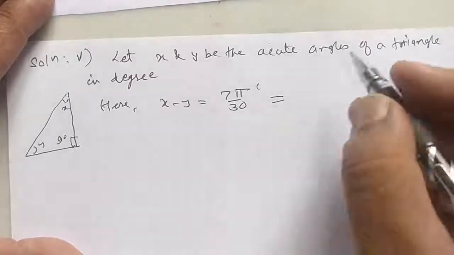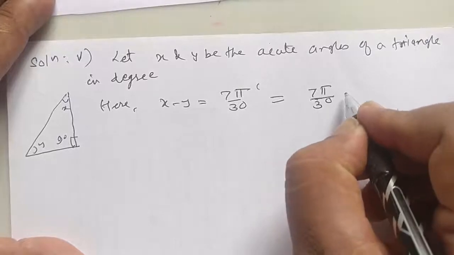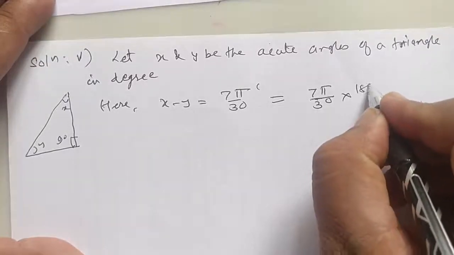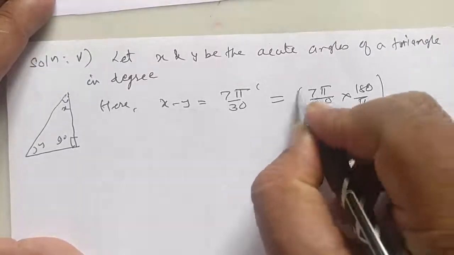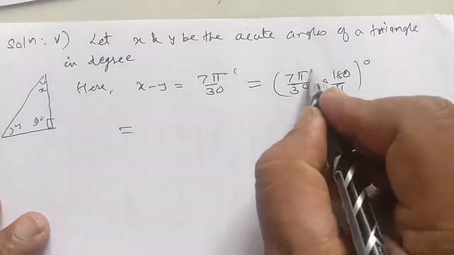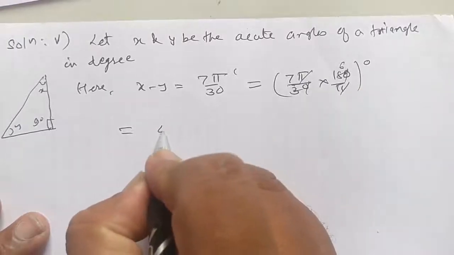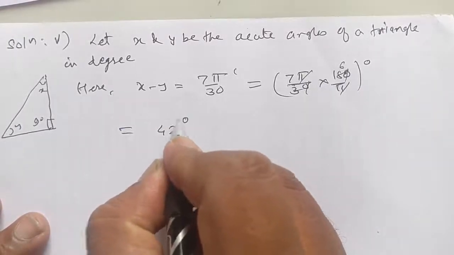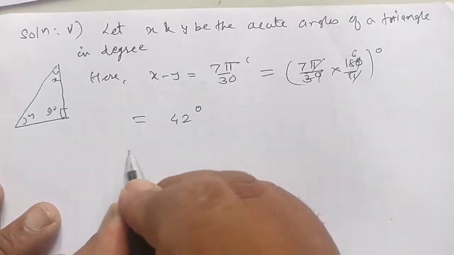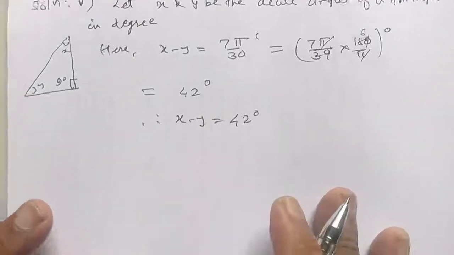We want to convert into degree. 7 pi upon 30 into 180 upon pi degree. So this is equal to, pi gets cancelled, 7 into 6, it is 42 degree. Therefore x minus y is equal to 42 degree.